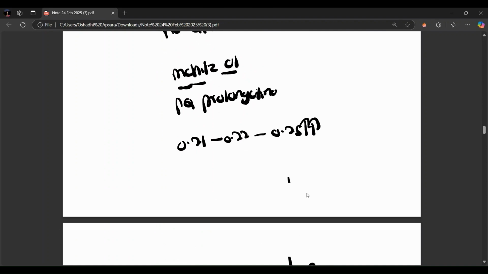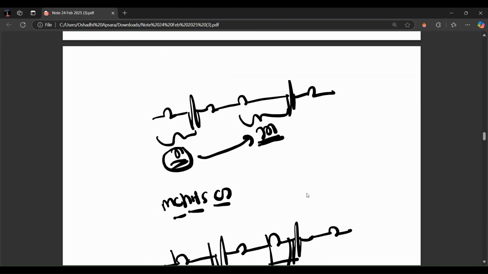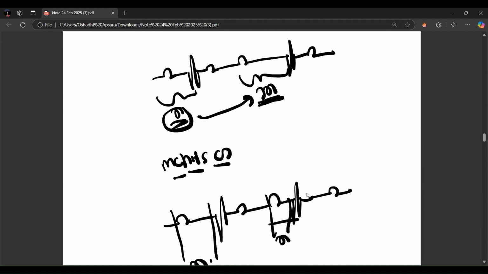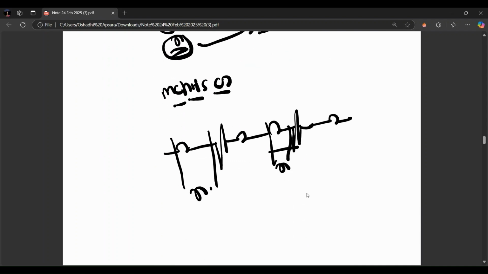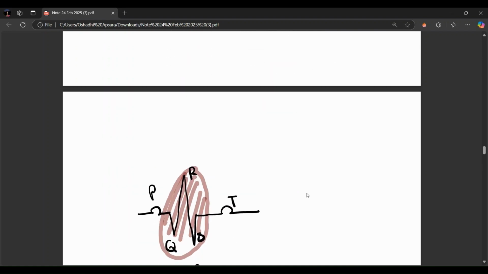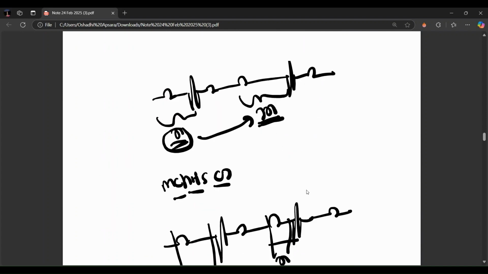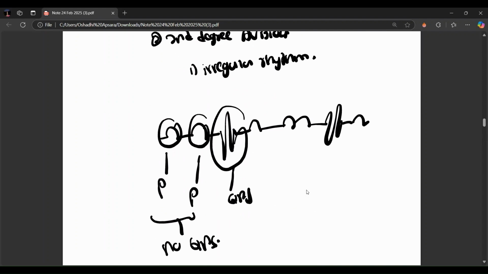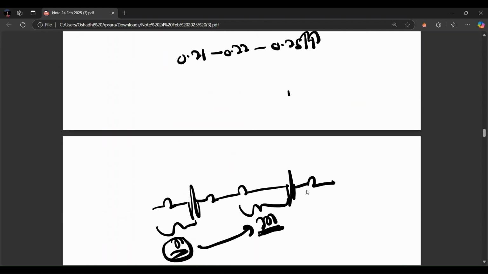It's P, QRS, T. Again P, QRS, T. This is prolonged compared to X. If it is X, this is 2X. It has increased. Next, Mobitz 2. What happens in Mobitz 2 is there is a prolonged PQ interval but it is constant. It means P, QRS, T, P, QRS, T. This is also X, this is also X.